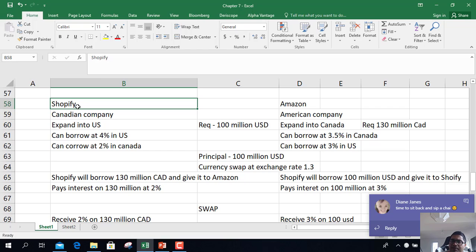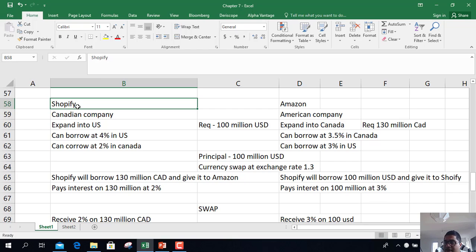Shopify is a Canadian company, so it will have a better rate in Canada in terms of borrowing. Amazon is an American company, so it will have better rates in the US, because banks generally favor domestic companies instead of foreign institutions.